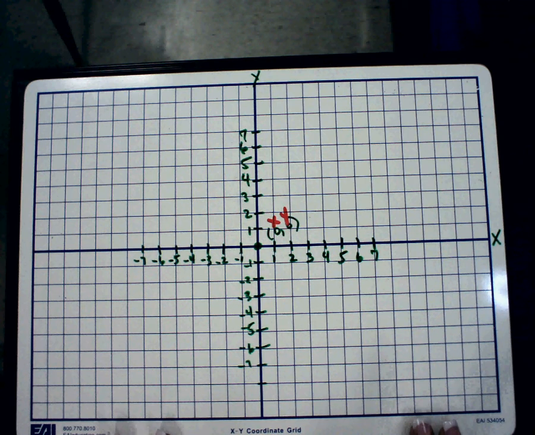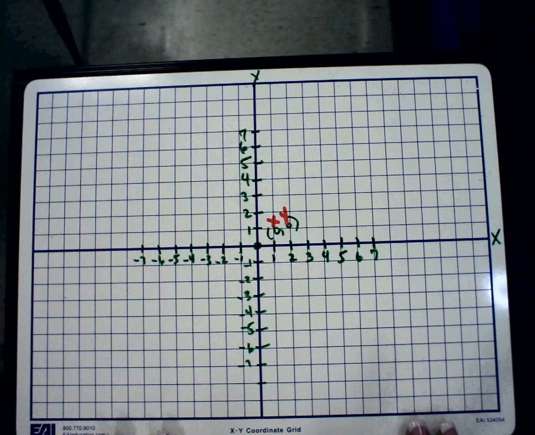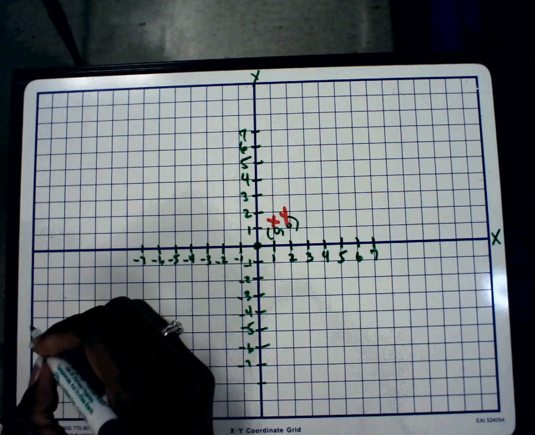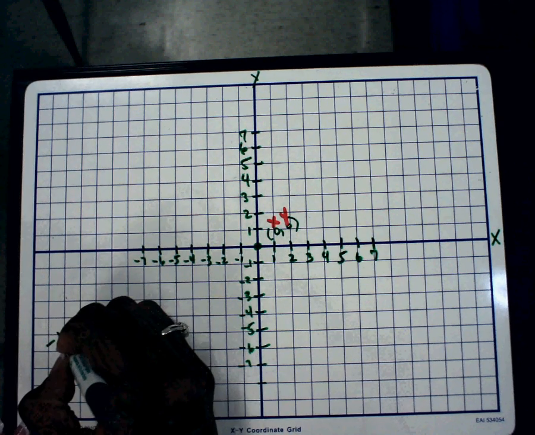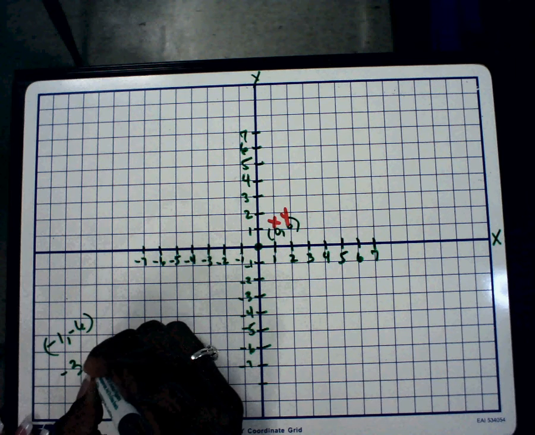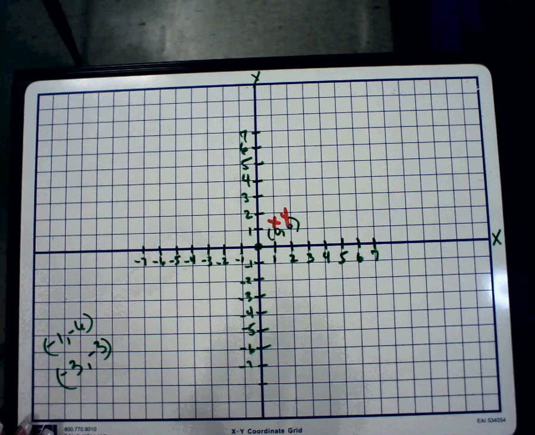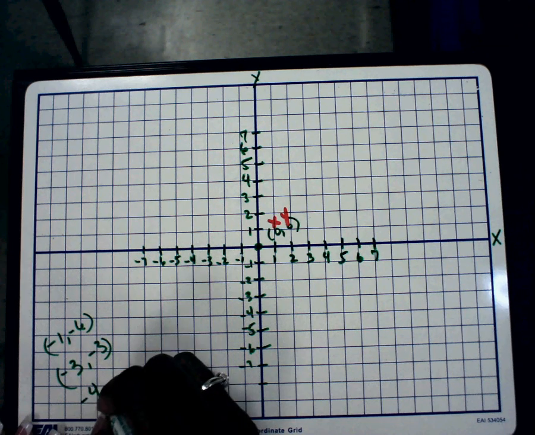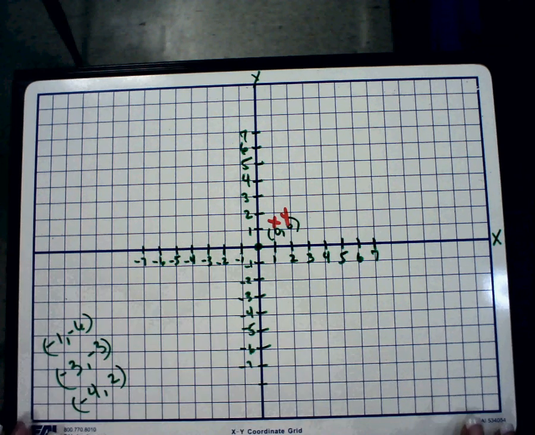Okay, so let's decide which points we're going to plot. I'll write them over here to the left so you can see them. We're going to do -1, -6; -3, -3; and -4, 2.